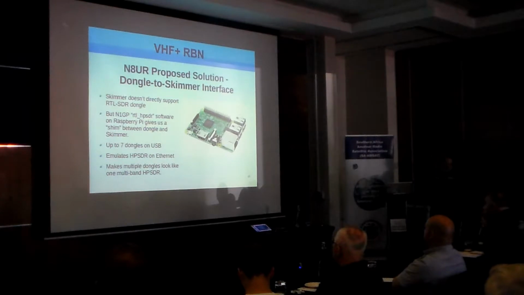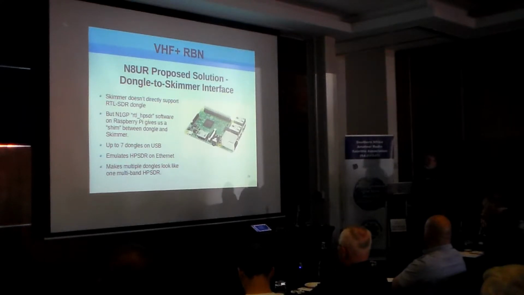They proposed using an SDR Raspberry Pi, and using RTL HP SDR software, which is specially developed to simulate the high power SDR receivers which you can get hold of, but are very pricey. And what this system can do, it supposedly can handle up to 7 RTL dongles connected onto it.